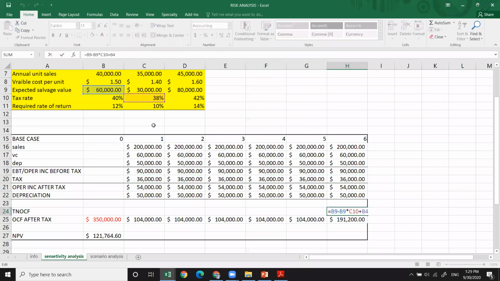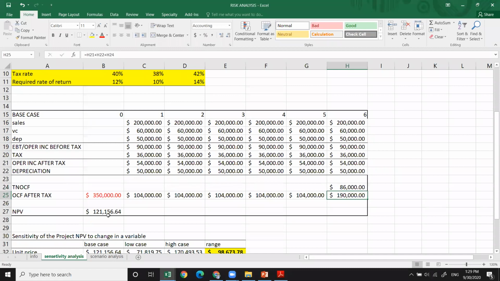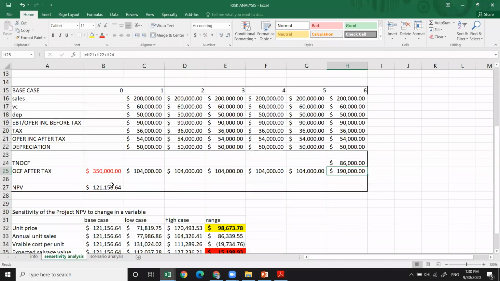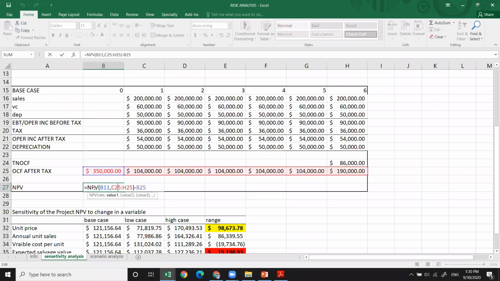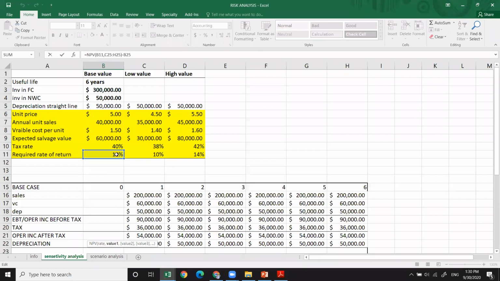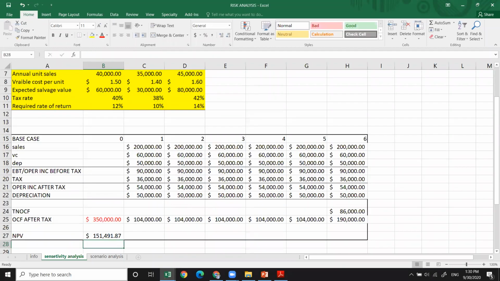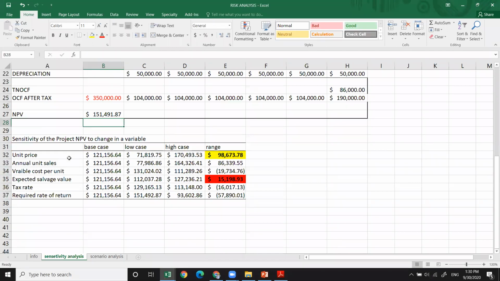And of course, I have to change this tax rate as well. So everything in the same order now. The base NPV. Now I will change only the rate. It's not 12, but it's 10%. Now my NPV is here.